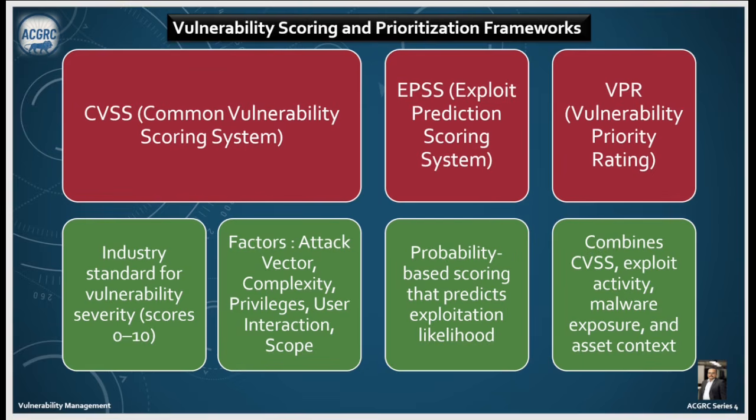The next thought process is, what can the attacker do? Can they see sensitive data after they get in? That is, is there an impact to confidentiality? Or can they change or corrupt the data, thereby impacting the integrity? Or can they shut down the system, that's impacting the availability?